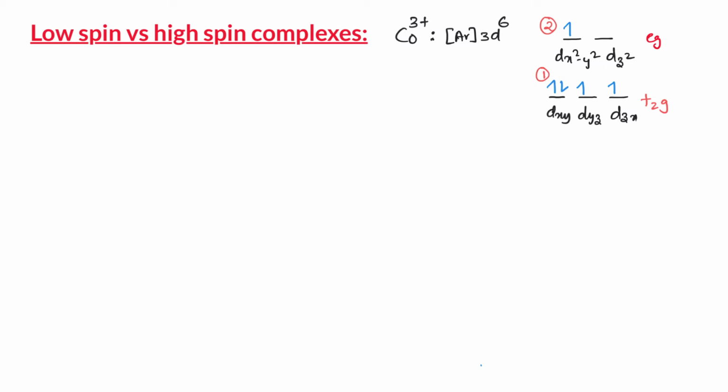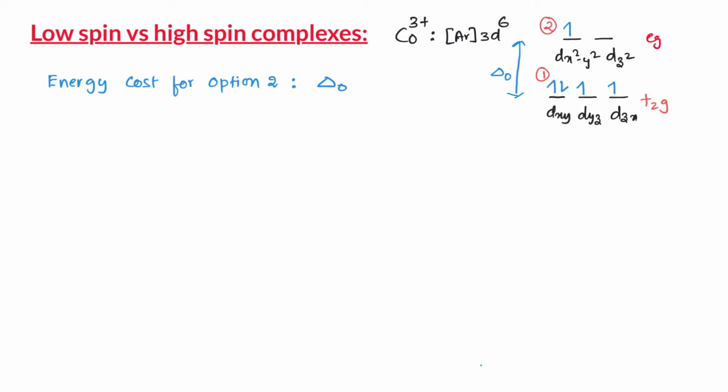The answer to this question is whichever one costs less energy. To place an electron in the eg orbital, it costs energy equivalent to the crystal field splitting energy, that is delta naught. And to place the electron in the t2g orbital, the incoming electron should overcome the repulsion with the existing electron in the same orbital.